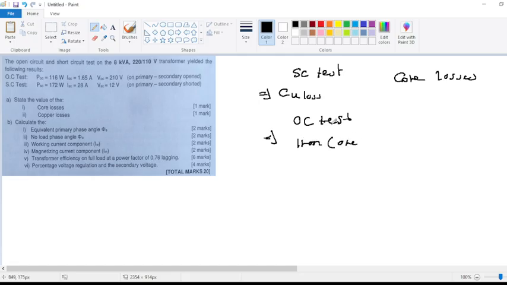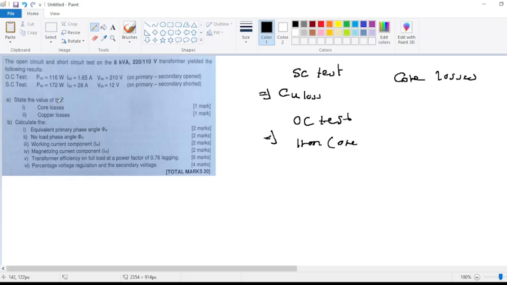The copper losses on the open circuit test are negligible, they don't affect anything. They are there, but they are very small, so you just ignore them.